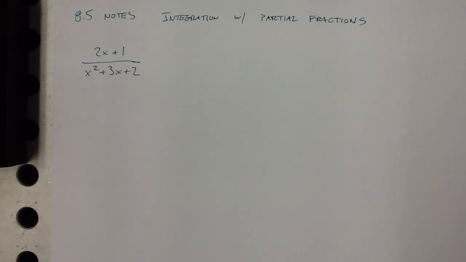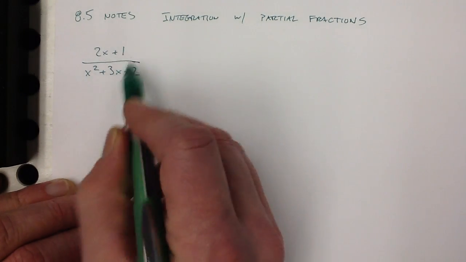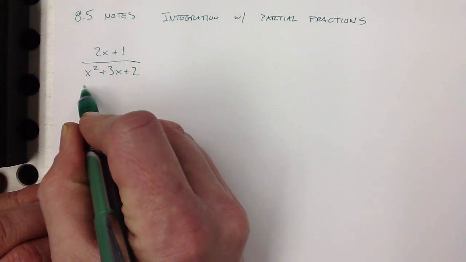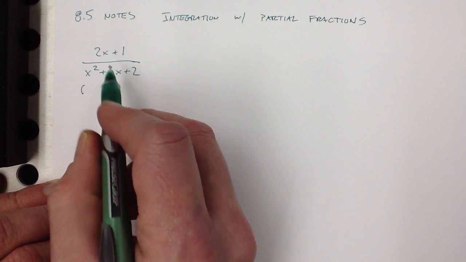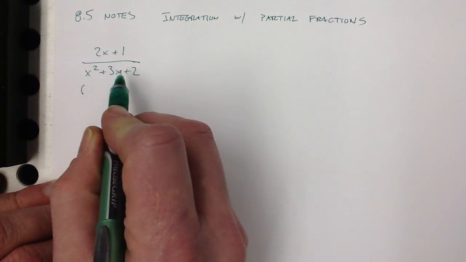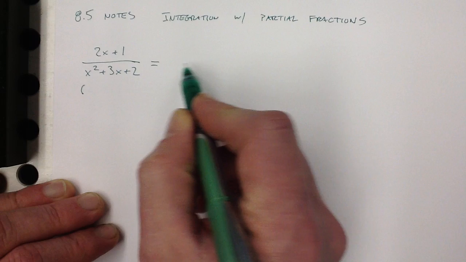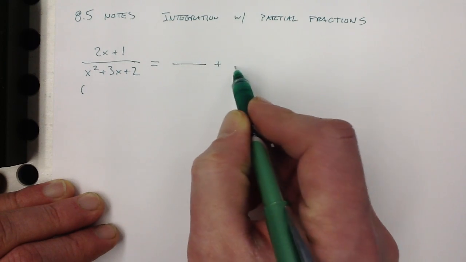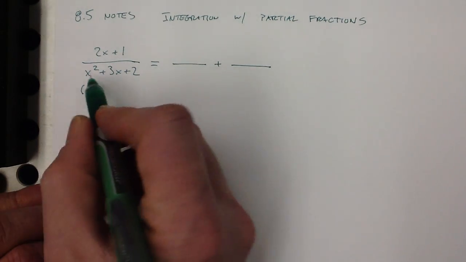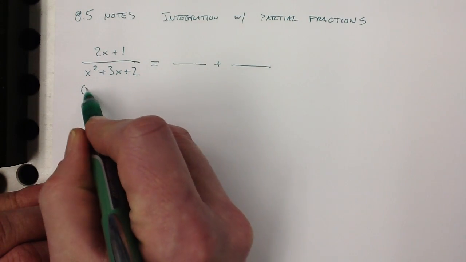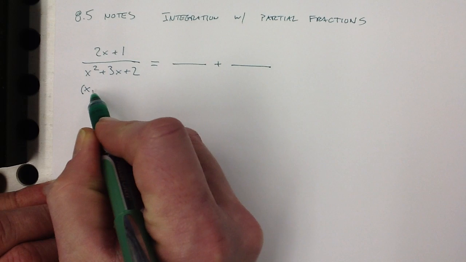Well, what it means is this came from, instead of finding a common denominator by multiplying two things together, we're going to sort of do the opposite. We're going to take the two factors of the bottom and split this up into two fractions that would have added up to give us this fraction. Now, the first thing we have to do is factor the bottom to figure out what those two different denominators would be.